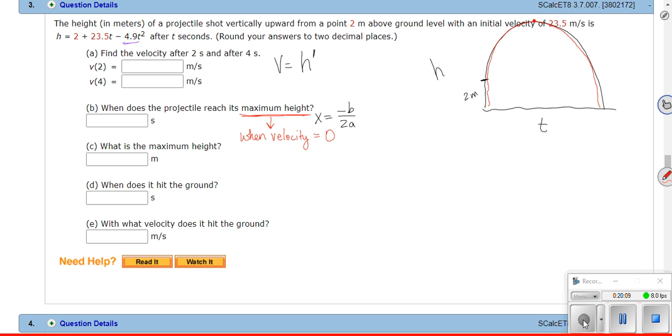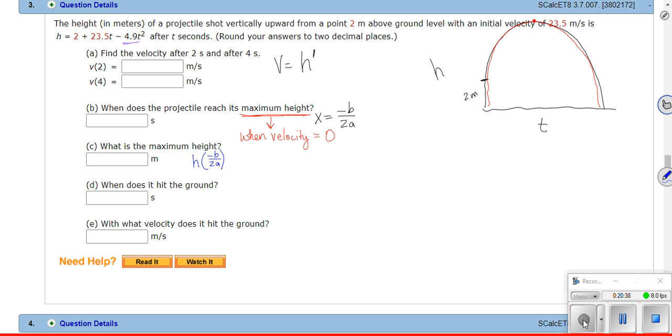Well, once you find the t for the maximum height, once you've solved part B, you plug that value into the original position function to find the maximum height. Again, if you think of this in terms of solving the quadratic, instead of derivatives, you are trying to find h of negative b over 2a.